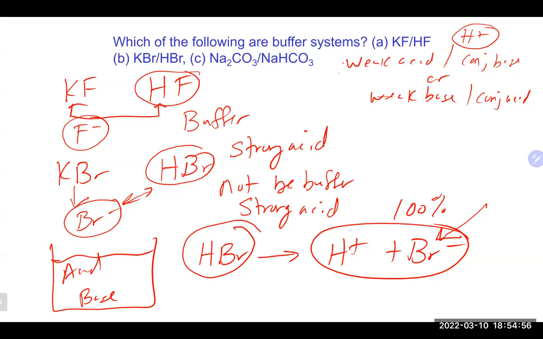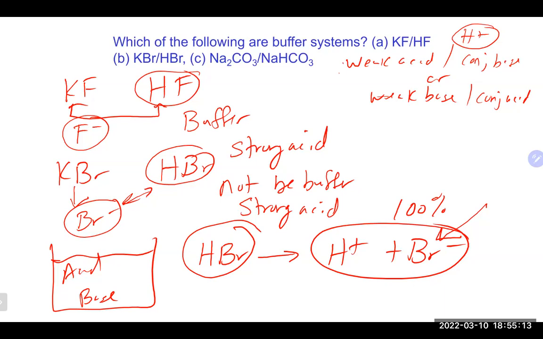That's why buffers are made up of weak acids and weak bases, because they set up that equilibrium. It provides a good way to keep both of those things in solution at the same time and at relatively good concentrations. And that's why it's able to function the way we just talked about.